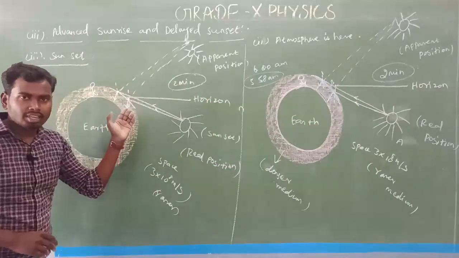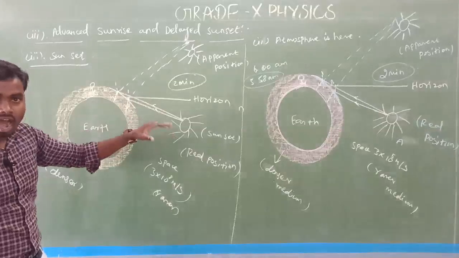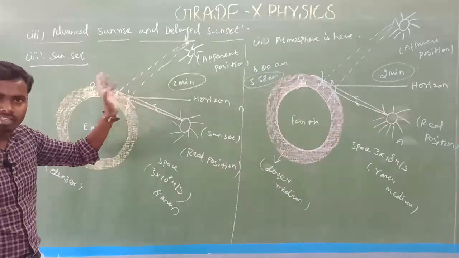Here we can see the sun's position after sunset, which means after it is below the horizon, 2 minutes delayed.